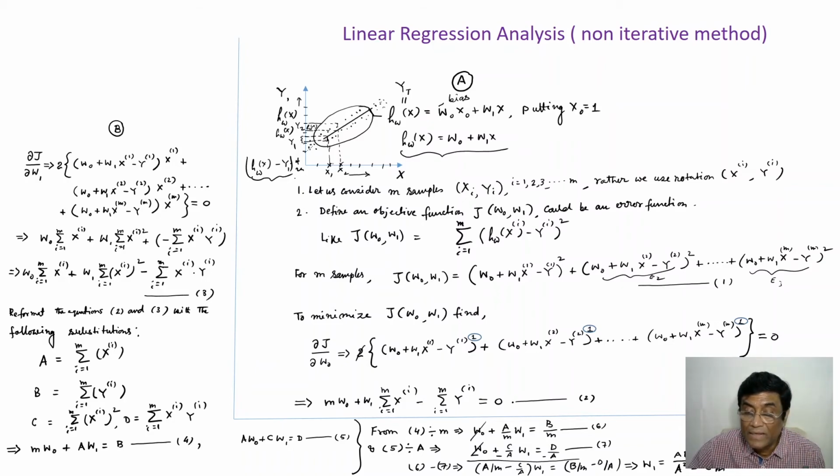So you have got a linear equation in W, and making it 0, right? So this is how you have developed it. And then another variable you have, W1, whose value is not yet known to you.